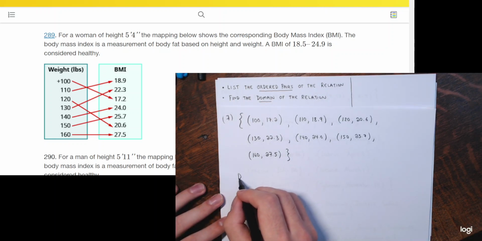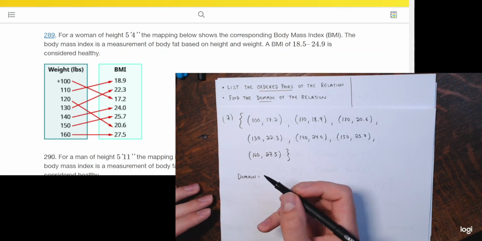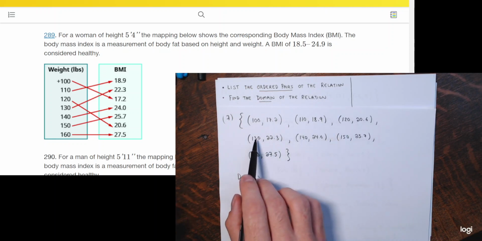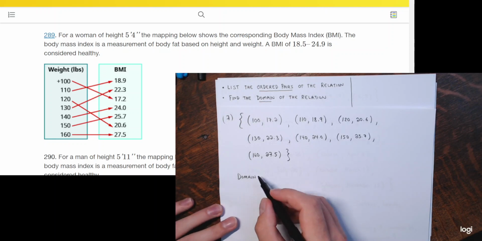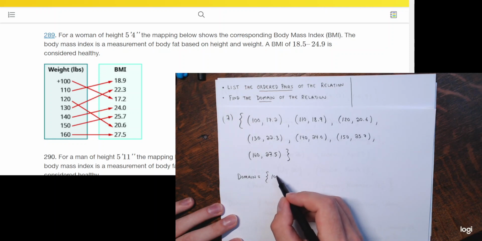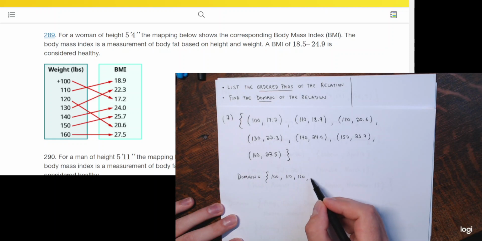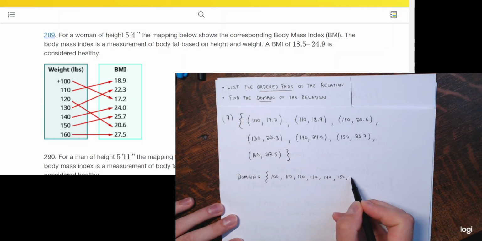Then we're asked to state the domain. The domain is again just a set of all the first coordinates, all the x coordinates if you want to call them that. In this case, it's the weights, all the weights of these 5'4" women. So we have 100 pounds, 110 pounds, 120 pounds, 130, 140, 150, and 160 right there.